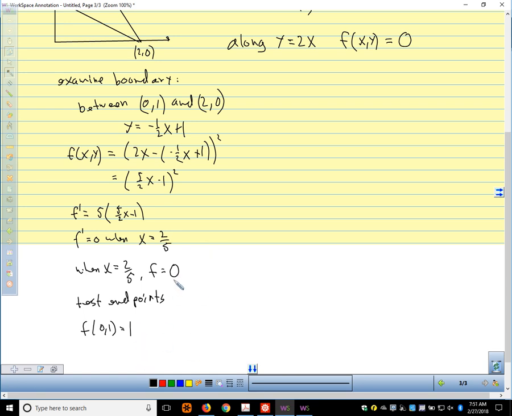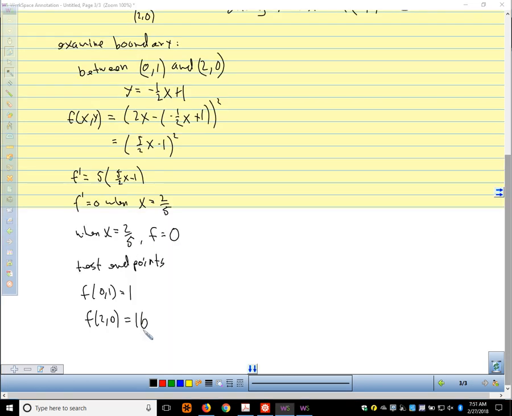So that's a candidate for now a maximum. And f of 2, 0, we can just substitute x equals 2 there because we're still on that boundary. F of 2, 0 is 16. So that's our new candidate for absolute maximum.